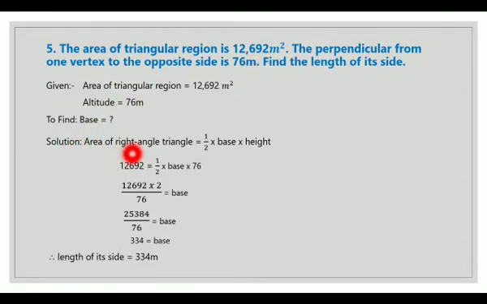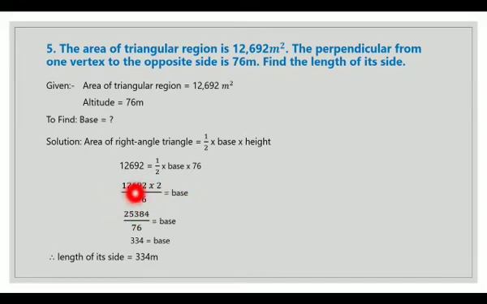So solution: area of triangle equals half into base into height. So area of triangle, that is 12,692, equals half into base into height, which is given, that is 76. So 2 I will multiply here: 12,692 into 2 upon 76 equals base.